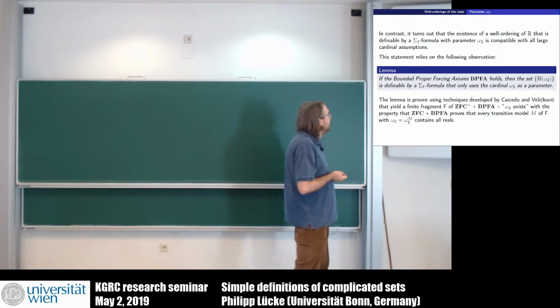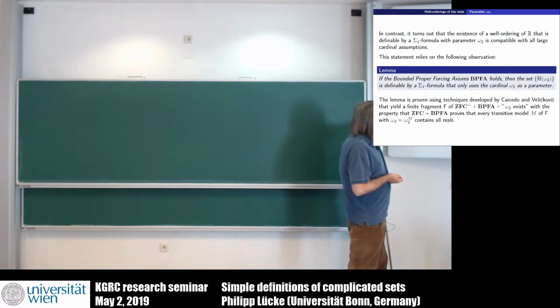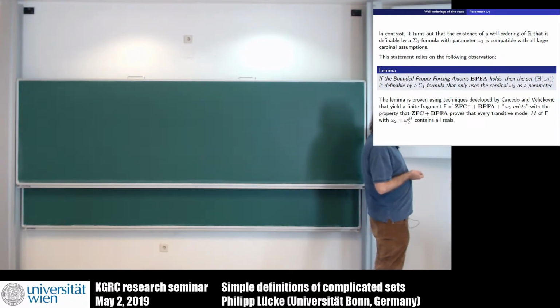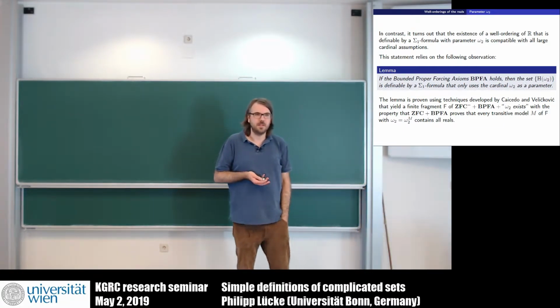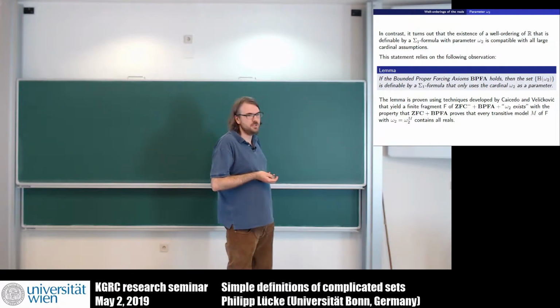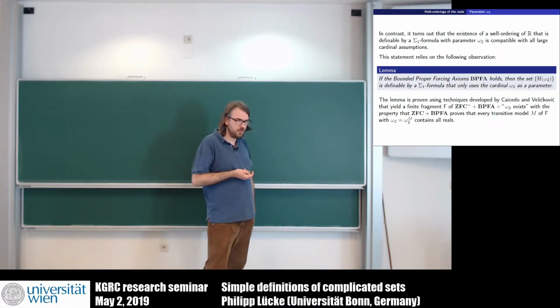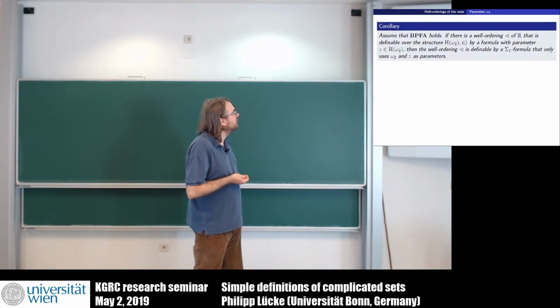And once you see this, you directly see this, right? Because you just have to say that there is some model of this fragment F that computes omega-2 correctly, and you are allowed to use omega-2 as a parameter. So you get this sigma 1 definition of singleton H omega-2. Okay, but you can now use this for the following observation.